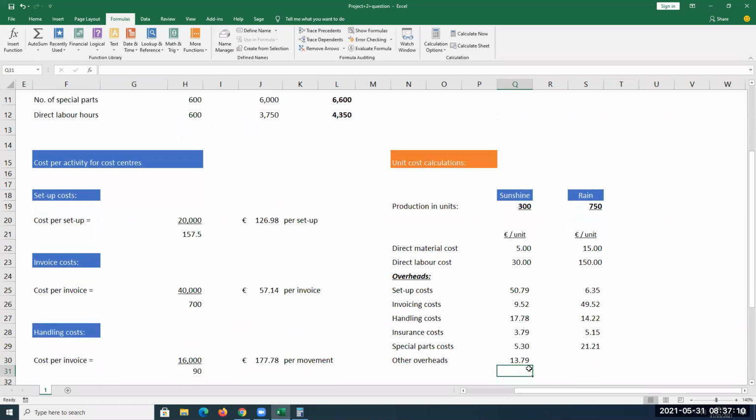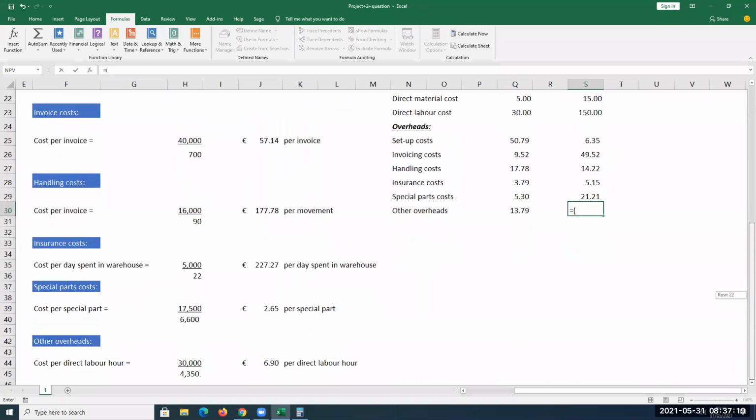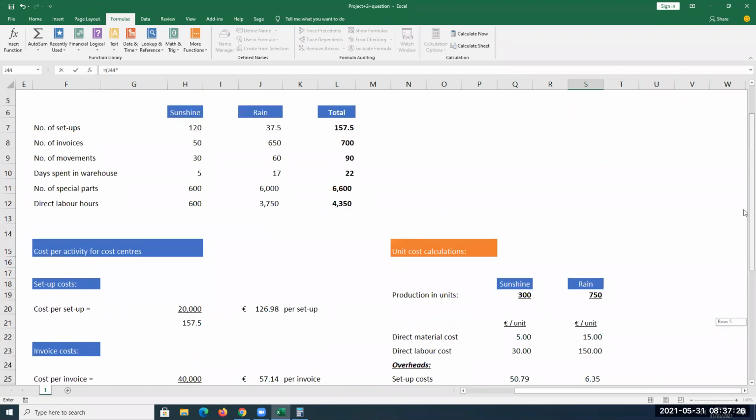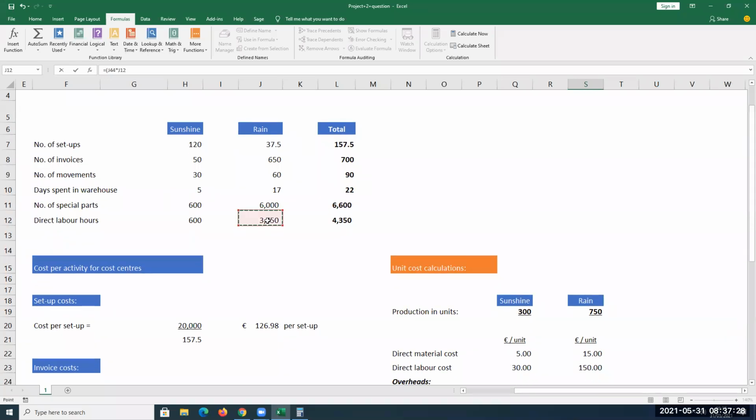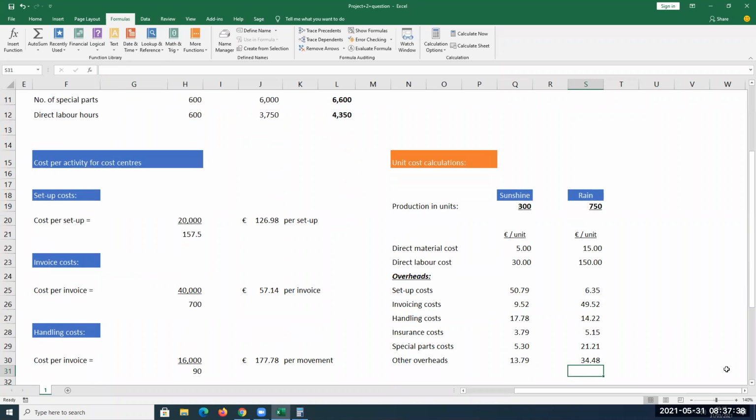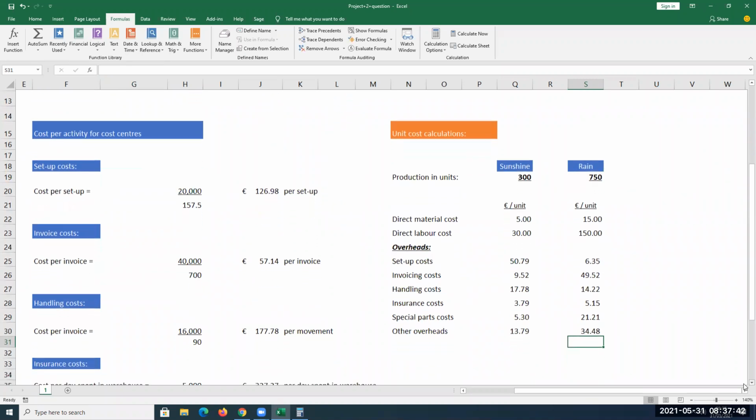So this is the overhead cost per unit, and for rain product 6.90 euro multiplied by direct labor hours. So direct labor hours for the rain product 3,750, bracket close, divided by number of units, 750. So that is the other overheads per unit.